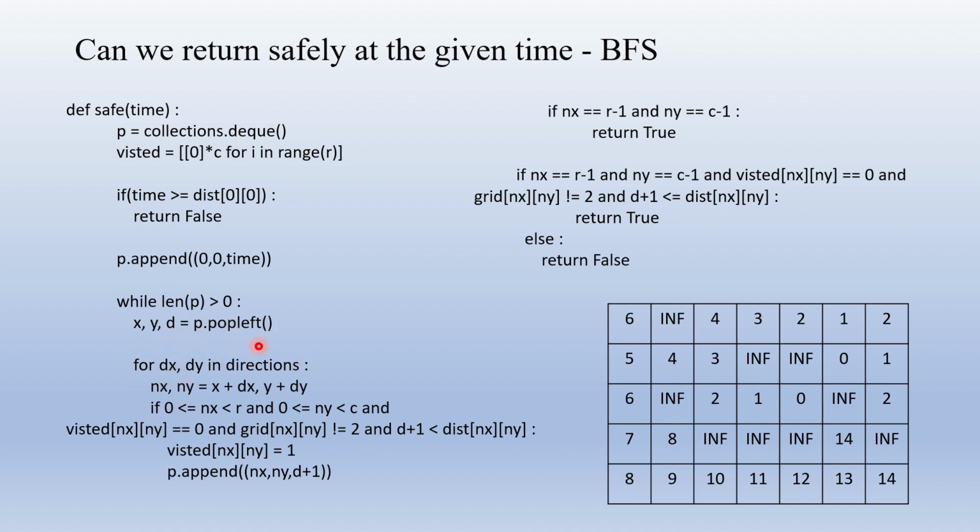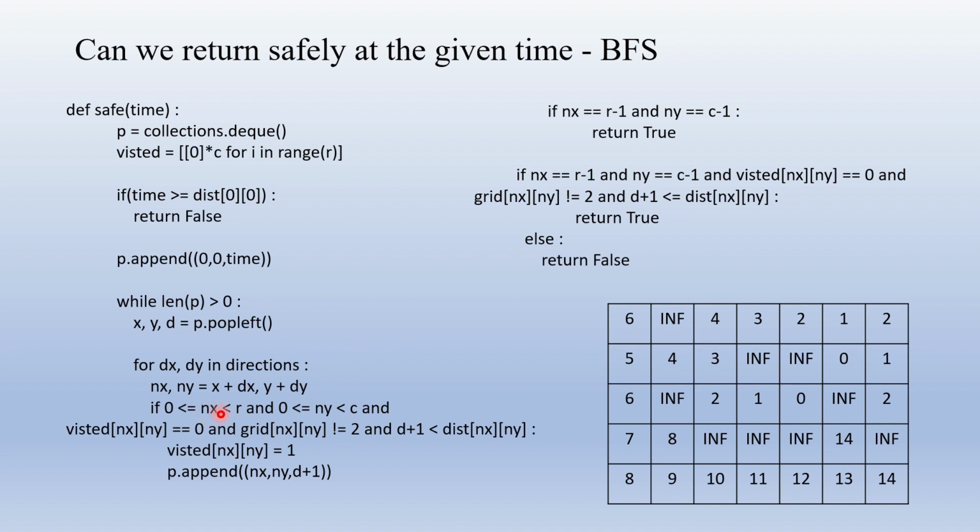We move in every direction. nx, ny stores the new positions of x and y. If we start at 0, 0, directions contain 0, 1, 1, 0, minus 1, 0, 0, minus 1. We can move either to the right, left, top or bottom.